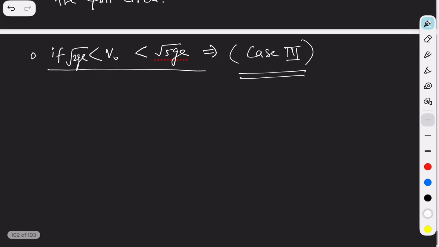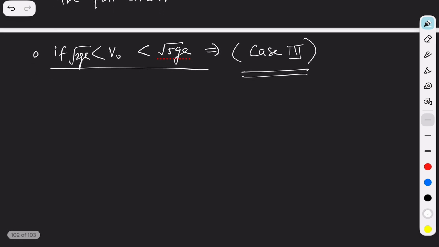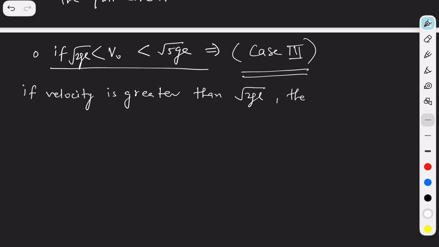So here, if you see, we know that if velocity is greater than root 2 gL, then of course it will go in the upper half.